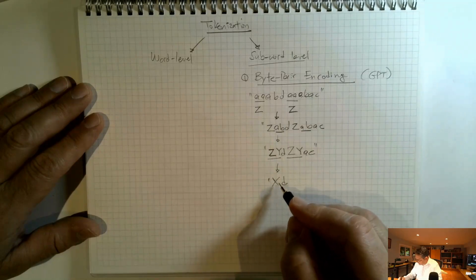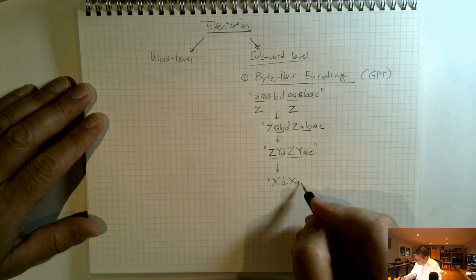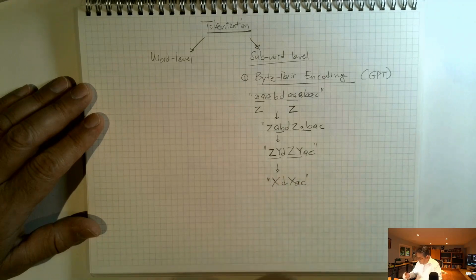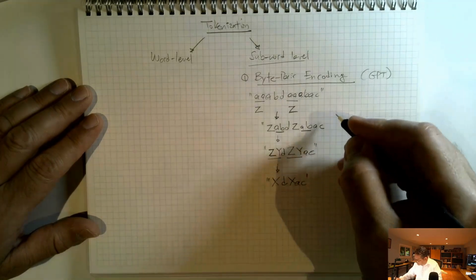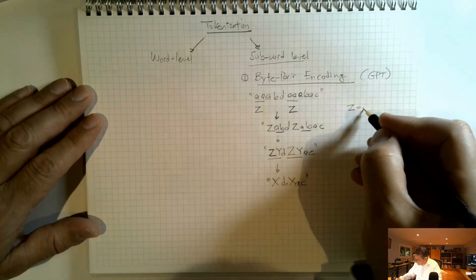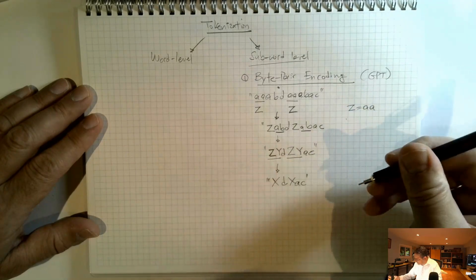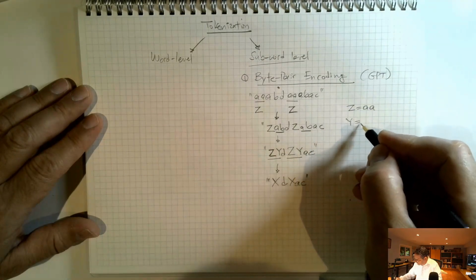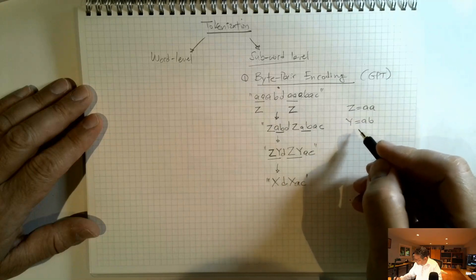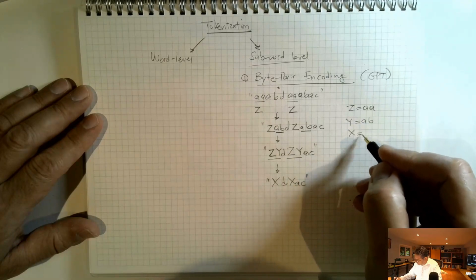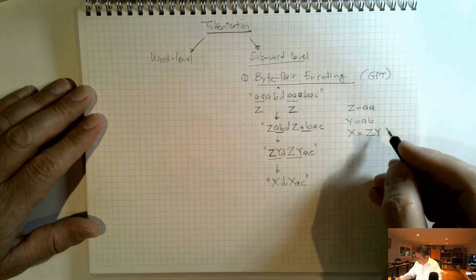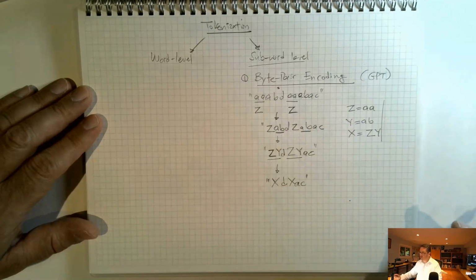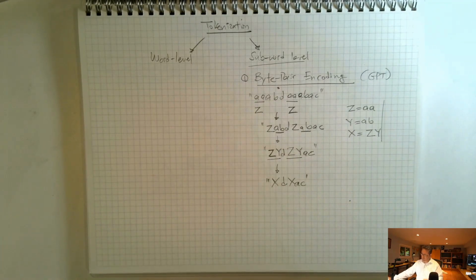So this is X, D, X, A, C. This is where we stop, and we have Z equal to AA, capital Y equal to AB, and capital X equal to ZY. That's how we encode with byte pair encoding, and that was the original algorithm.